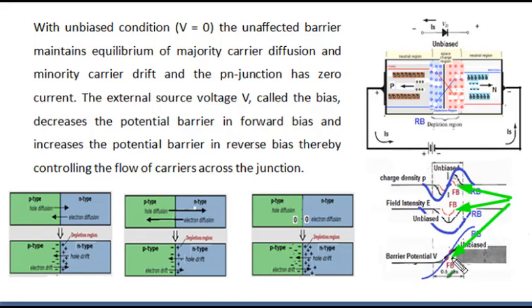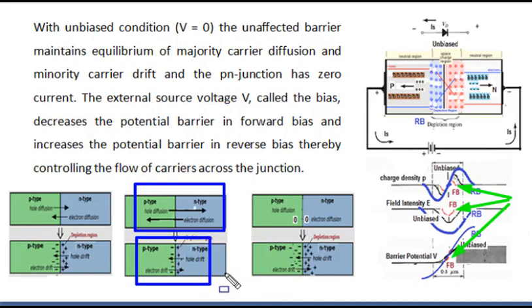So majority carriers can pass through this, and the diffusion by majority carriers due to density gradient has increased as opposition of depletion region is reduced, and the reverse current by minority carriers is very small in comparison of diffusion current by majority carriers. Hence the net forward current will be from diffusion current of majority carriers.